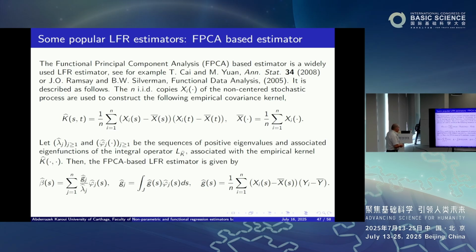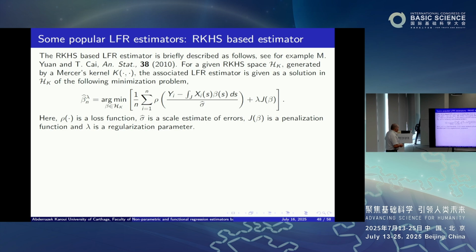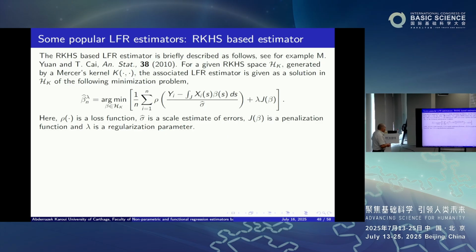So this is what Yuan and Cai proposed in 2010. It just solves the linear functional regression problem by using kernel methods, minimizing over a reproducing kernel Hilbert space.